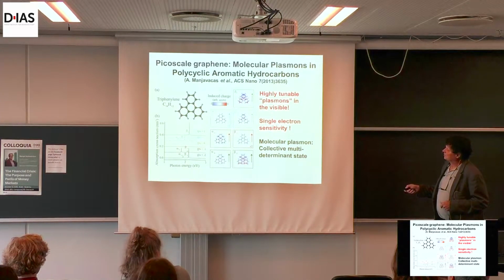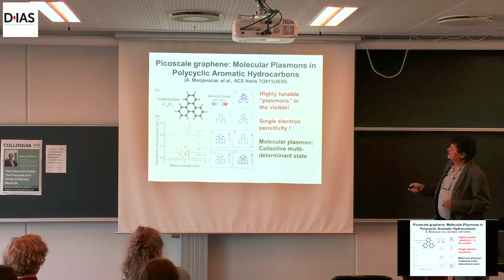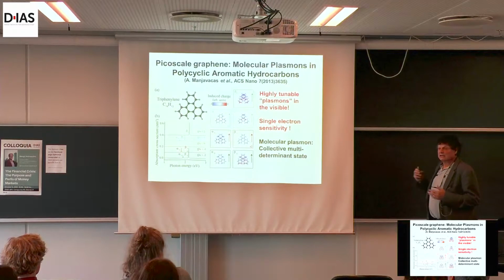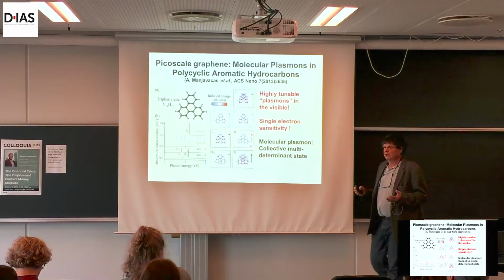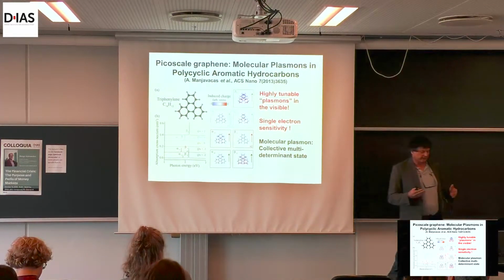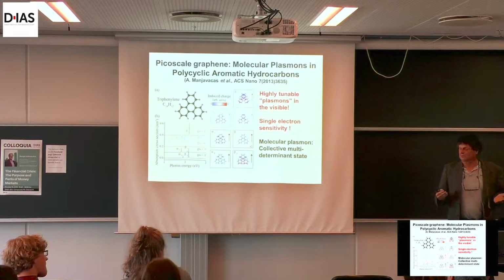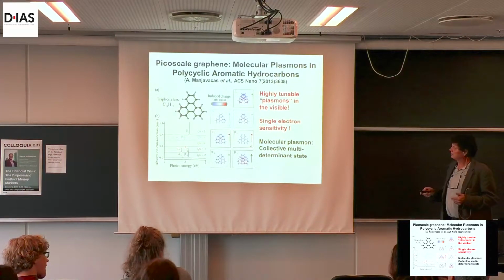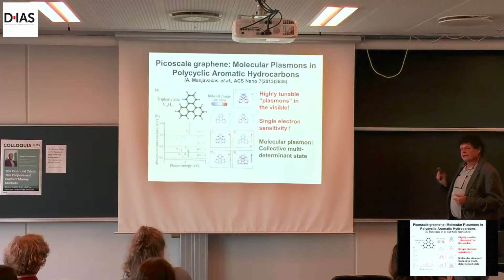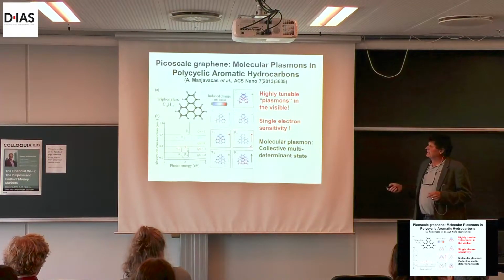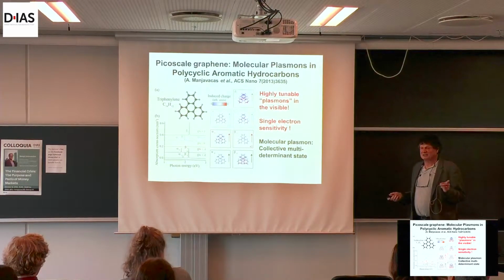In the undoped case, this orange line here, there's no plasma resonance. But when you either remove an electron or add an electron, you get distinct plasma resonances. They're collective excitations. They are plasmons, molecular plasmons. So they have a lot of these properties that we're interested in. The interesting thing here is that it's enough to do it with one electron.